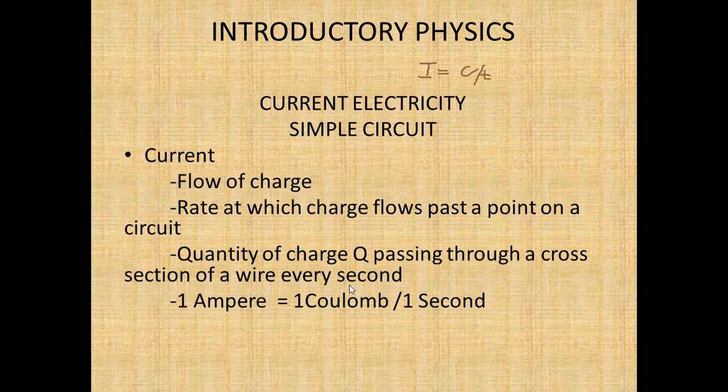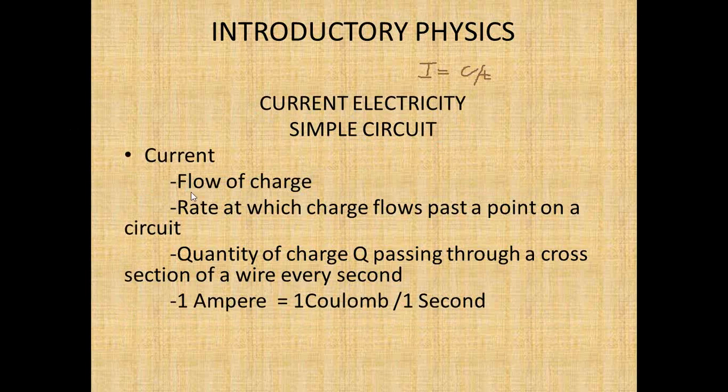All right. So we look at current. I gave you a brief description of current. When we say current, current is the flow of charge. You cannot have current if charge is not flowing. And remember what we said at the water park, the current is analogous to the flow of water in the water park.